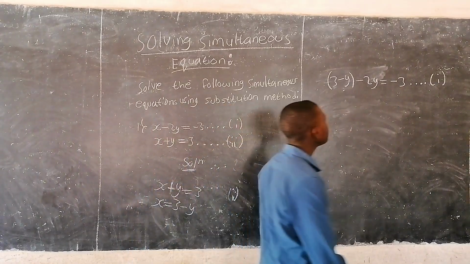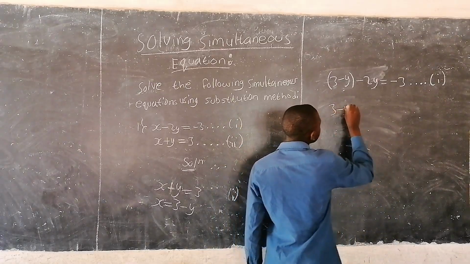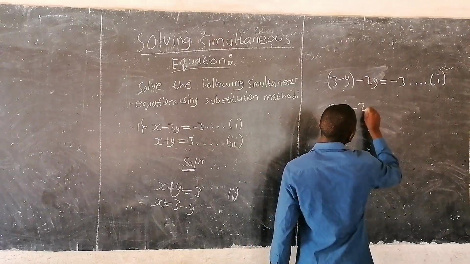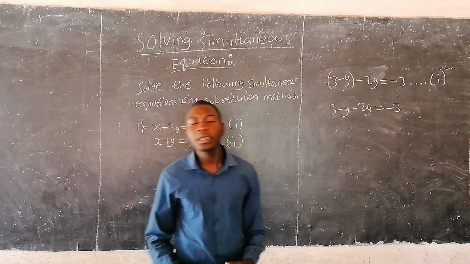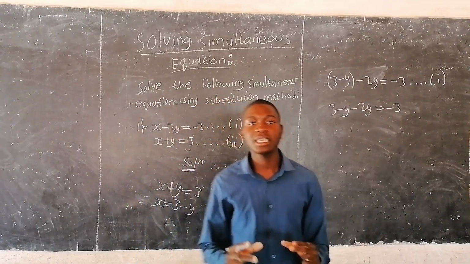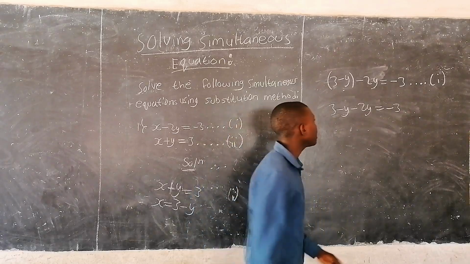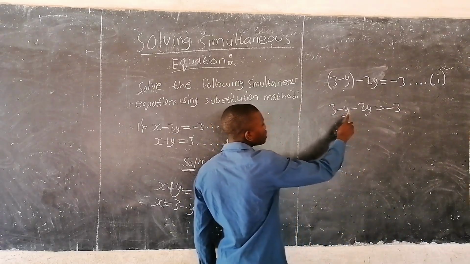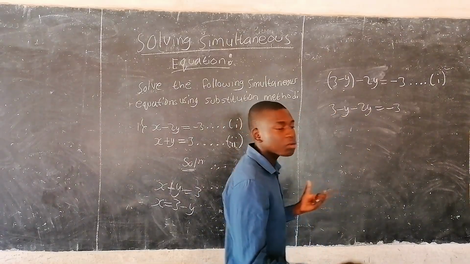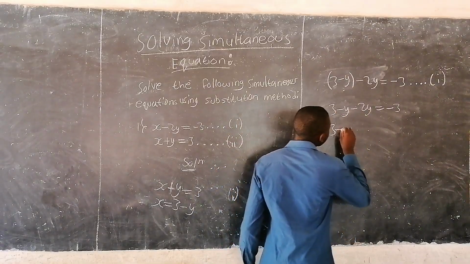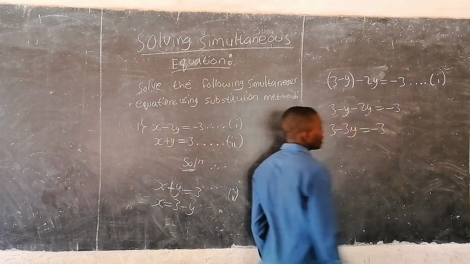We'll continue by removing the brackets, and we'll be left with 3 minus y minus 2y is equal to negative 3. As we know in mathematics, when the signs are the same, we add, and when they are different, we subtract. Here we have the same signs, which is negative y and negative 2y, so we'll add them and we'll be left with 3 minus 3y is equal to negative 3.